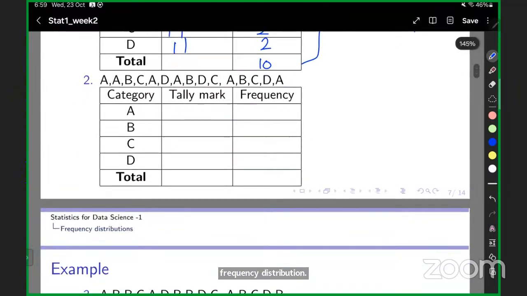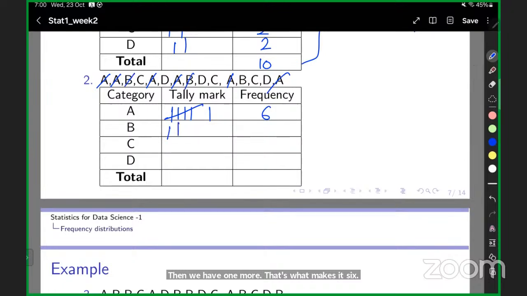Now similarly we can do the same thing here. Let's say A is appearing twice, third time, fifth time. What people generally do is 1, 2, 3, 4, so I mark 4 for them. Then once more it appears, and you cross it off. That's what you have to remember, that this is 5. Then we have one more, so that makes it 6. Then you do the same thing with B: 1, 2, 3.